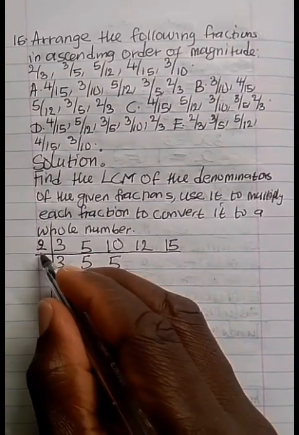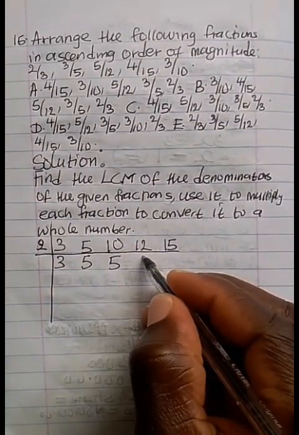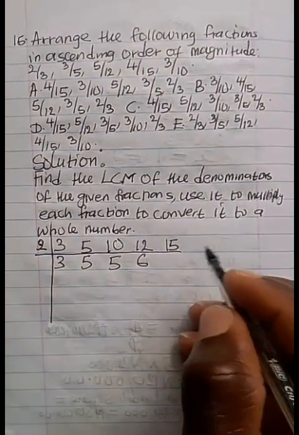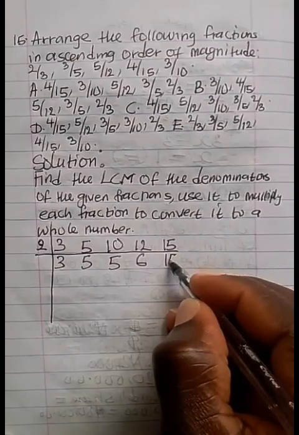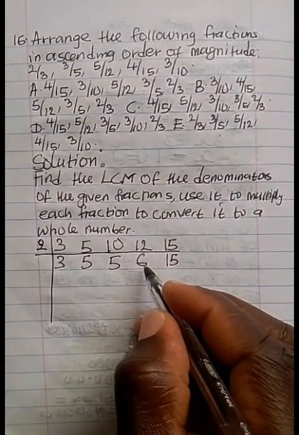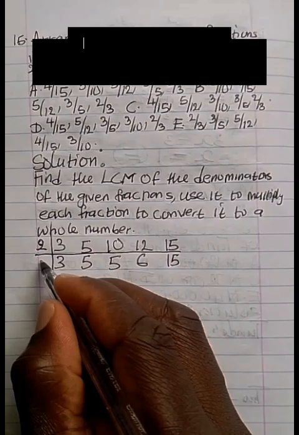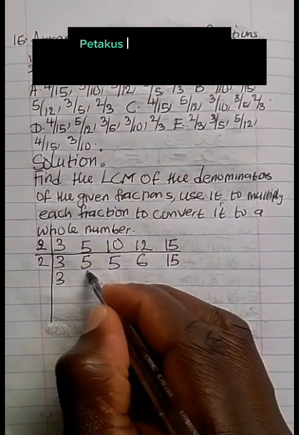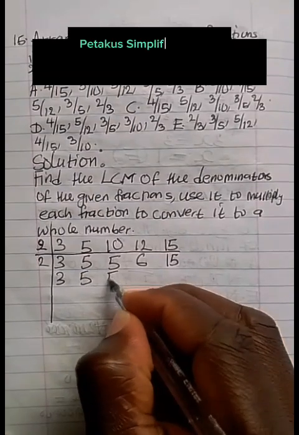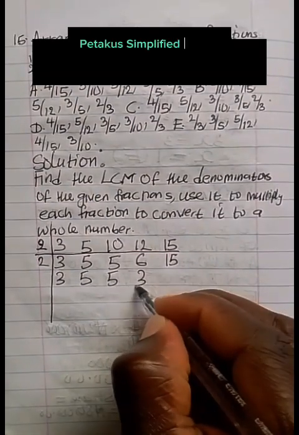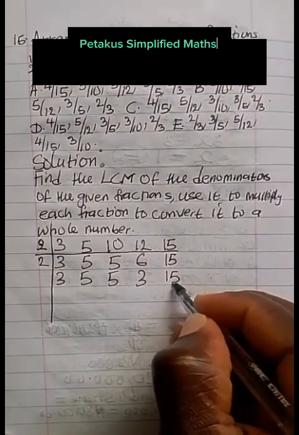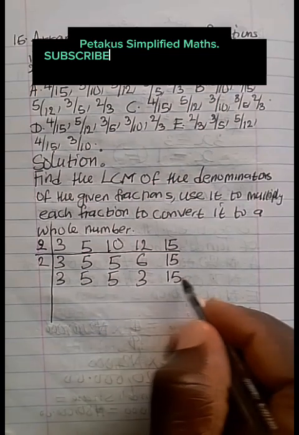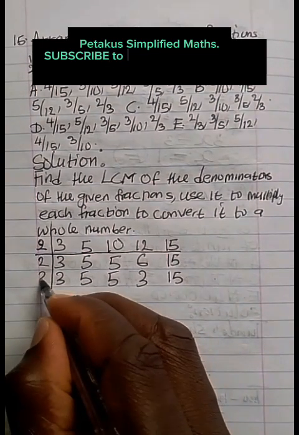12 divided by 2 is 6. 15 divided by 2, cannot. You bring it down. Because of 6, 2 can divide again. Here is cannot, here is cannot. We have 3 here. Considering this result, 3 can divide.